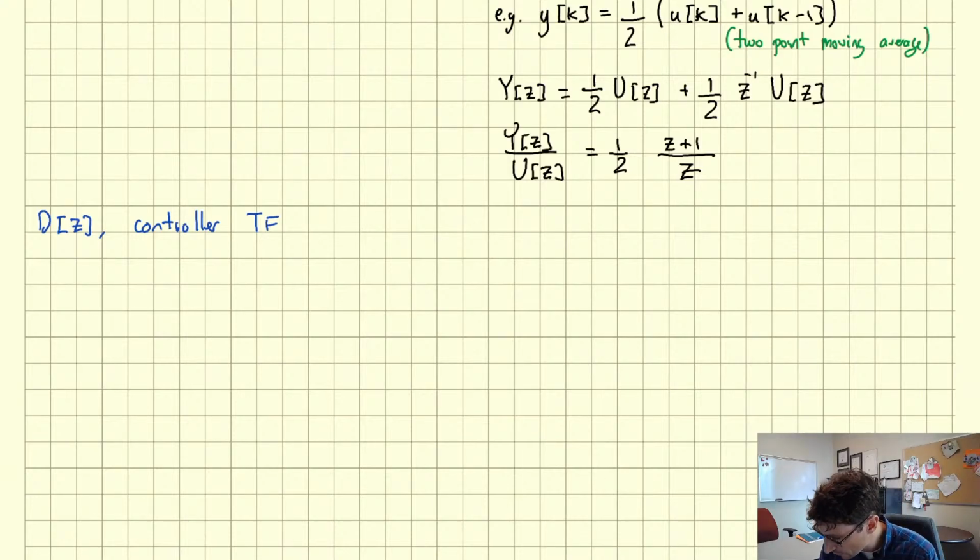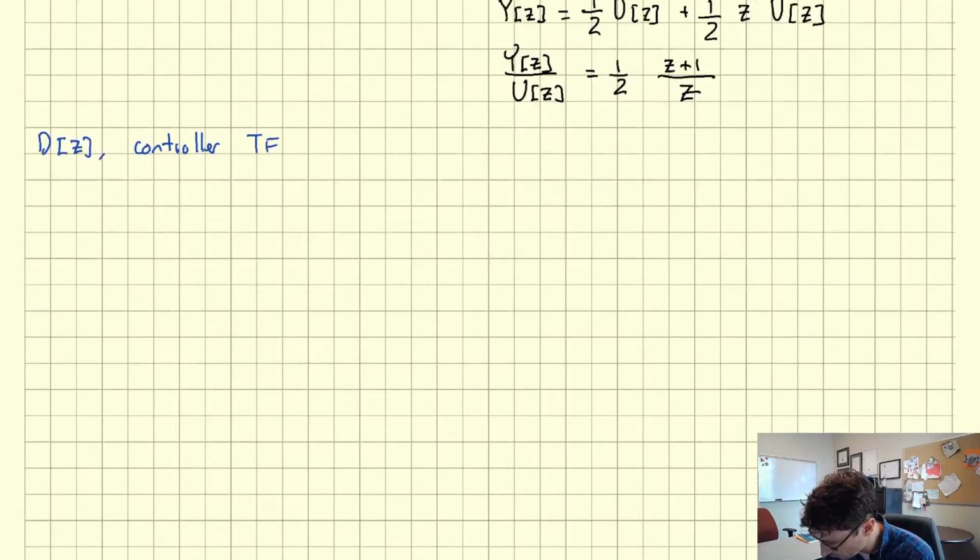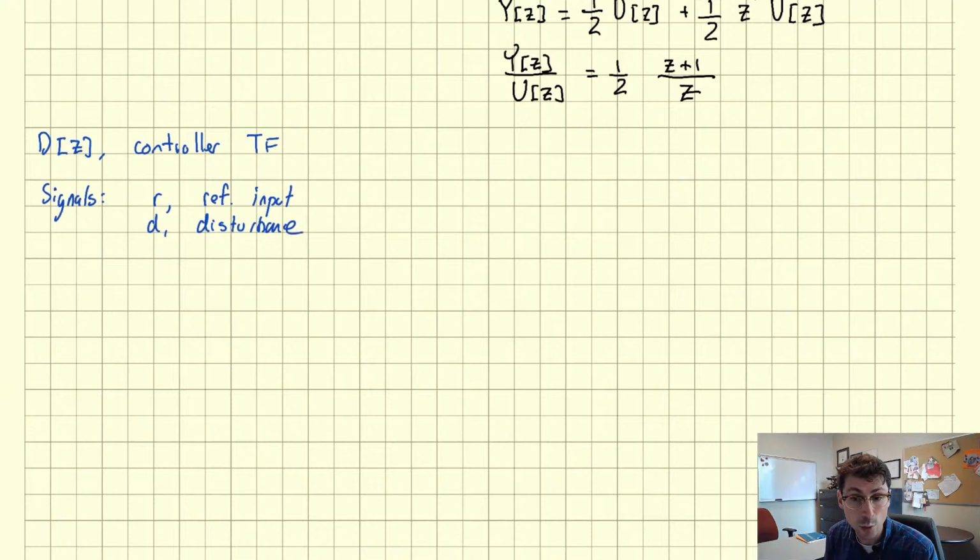Okay, and then the signals are similar to before. Same interpretation. So R is the reference input. D is a disturbance. Once again, in closed loop, those are the independent signals, the things that determine all the other signals in the loop.